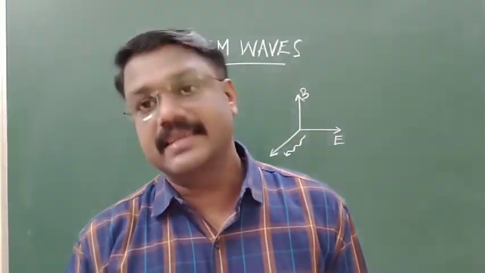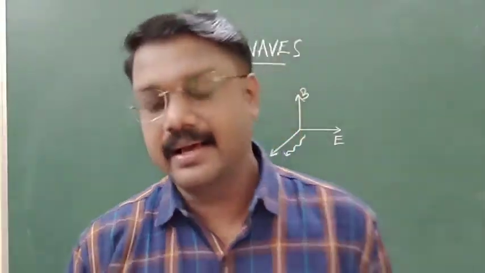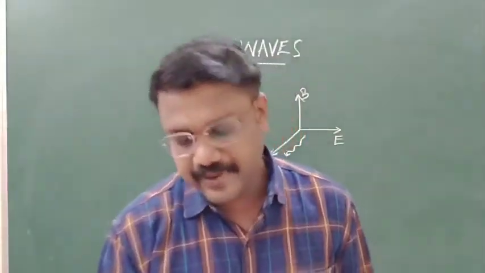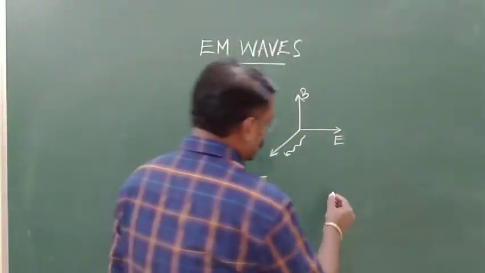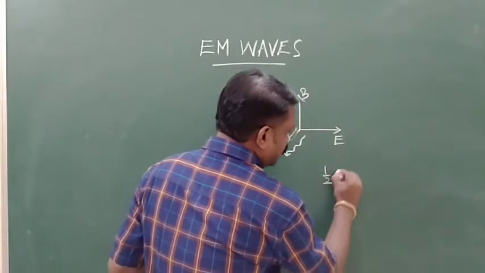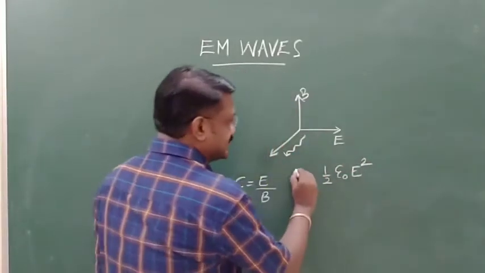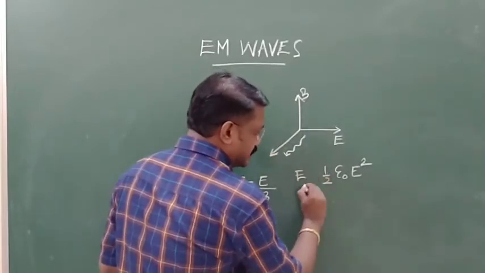And the energy density, that is energy per unit volume. The energy density in the electric field is given by 1 by 2 epsilon 0 into E square, and this is the average energy in the electric field.